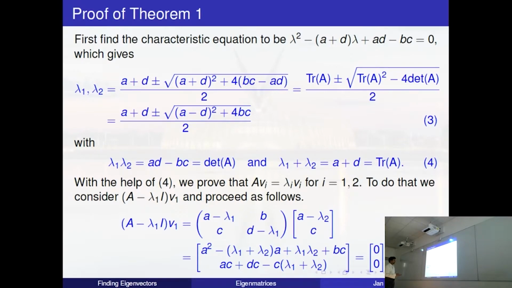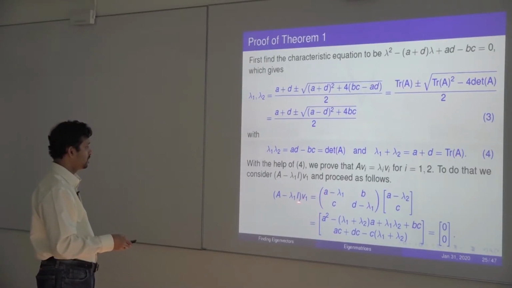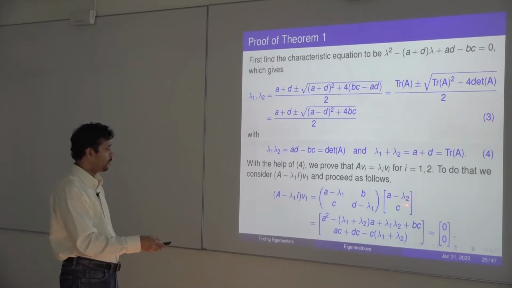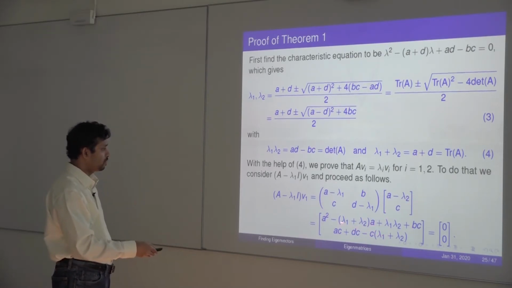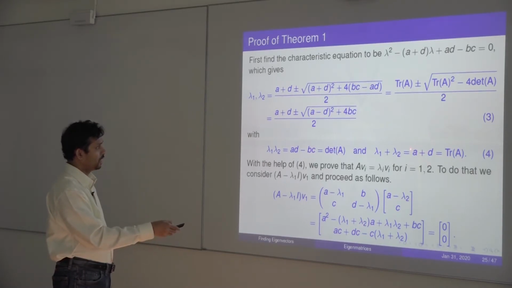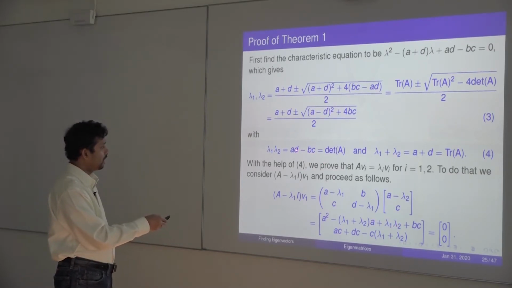Now let's see how we're going to do the calculation. Let's say lambda 1 has a corresponding eigenvector. We know this is the A minus lambda 1 I matrix, and that's the corresponding eigenvector. You get this by subtracting lambda 2 here, and then you multiply through. Once you multiply through, we substitute for lambda 1 plus lambda 2, which is A plus D, and lambda 1 lambda 2, which is the determinant.